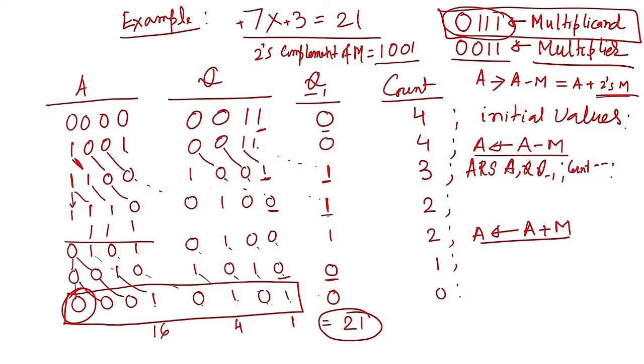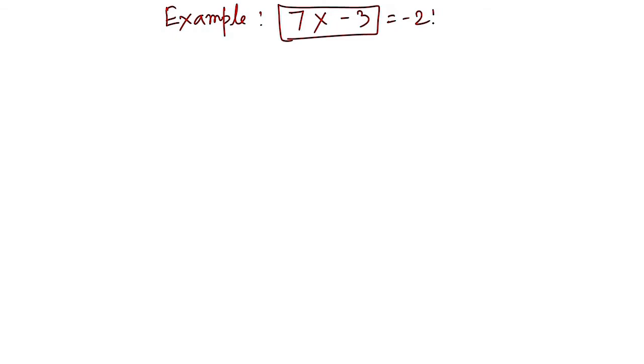Okay. Then what do we do? First we will try with this approach, that is 7 into -3. Now, we will see one more example. 7 into -3. So, obviously, we know the result, right.